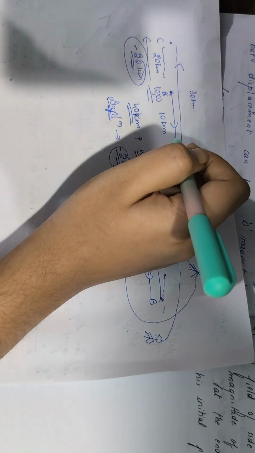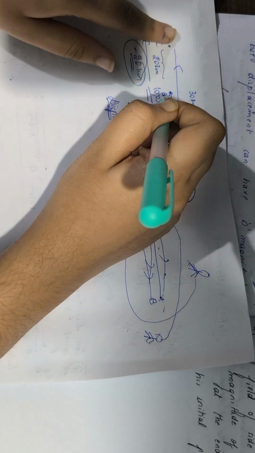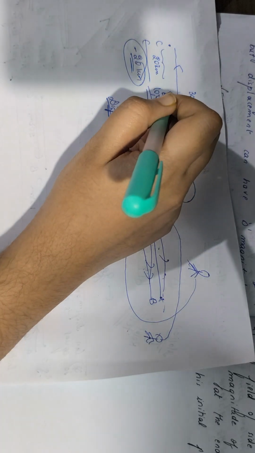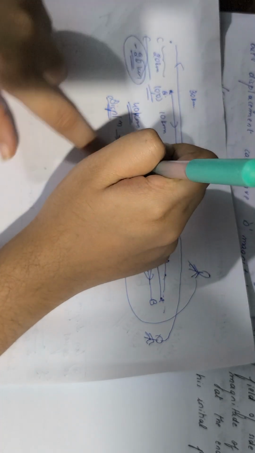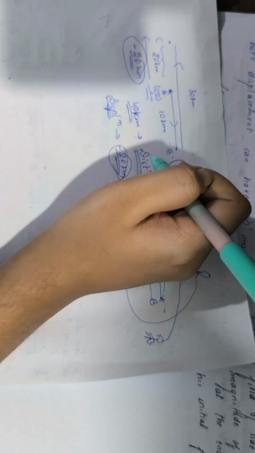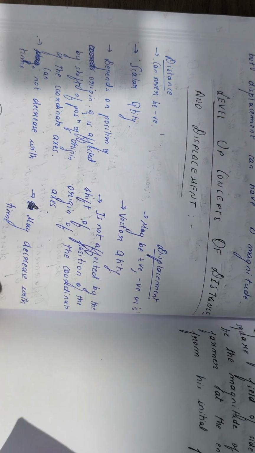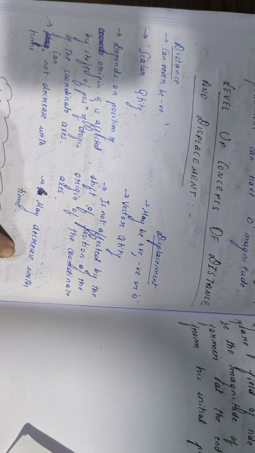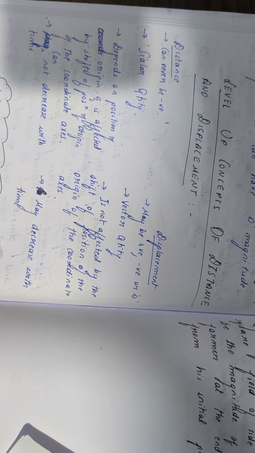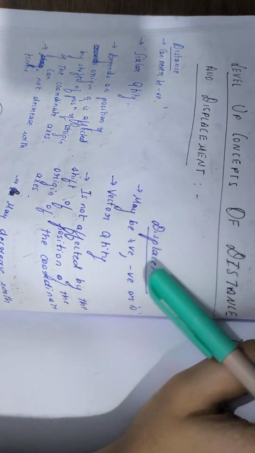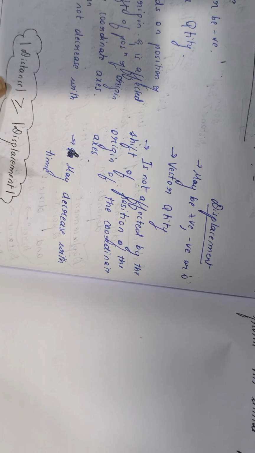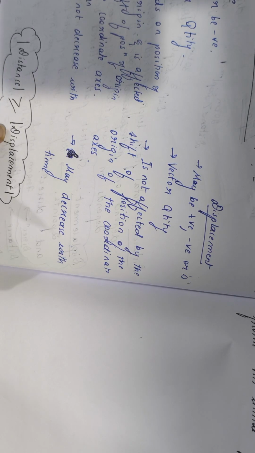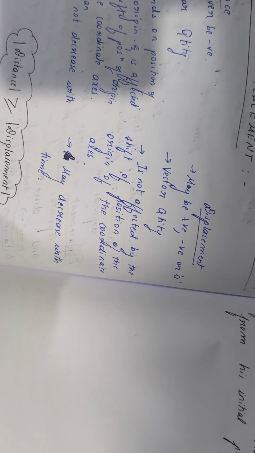But displacement from A to C is less, because this is the shortest path between the initial and the final point. It is minus 20 here. So 20 is less than 40. So we can tell that displacement can decrease with time. Distance cannot decrease with time. So the same thing that I have written here: magnitude of distance is greater than or equal to magnitude of displacement.